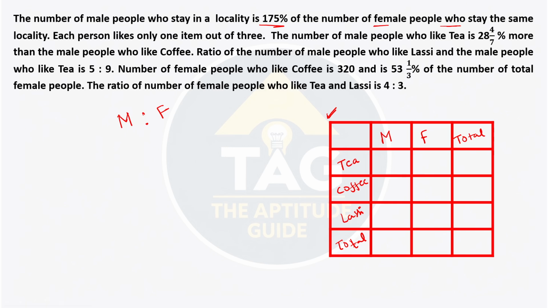If not, let us learn that now. So, male percentage is given in terms of females. If females are 100, males are 175% of female. So, for every 100 females, we have 175 males. That's what the given information means. If you assume females as 100, males has to be 175.